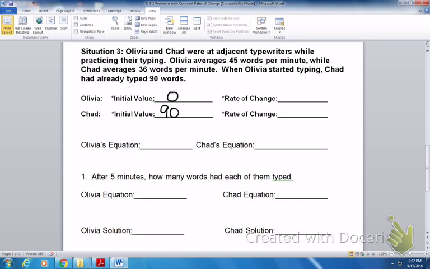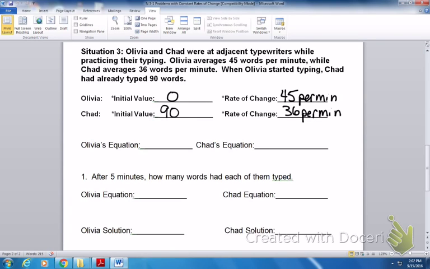Now be careful on the rate of change. Olivia's rate was 45 words per minute. Chad's rate is 36 words per minute. So you can imagine at some point, even though Chad has a lead, since Olivia can type faster, she's going to end up catching up.